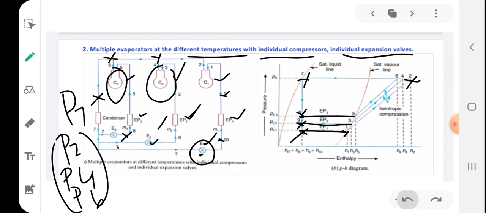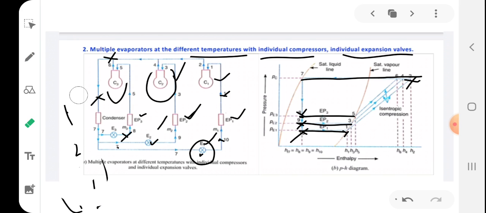The outputs of all the compressors are at the same pressure line. All the compressors compress the vapor coming from the evaporators to the same condenser pressure. So condenser pressure P7 will be equal to P2, P4 and P6.